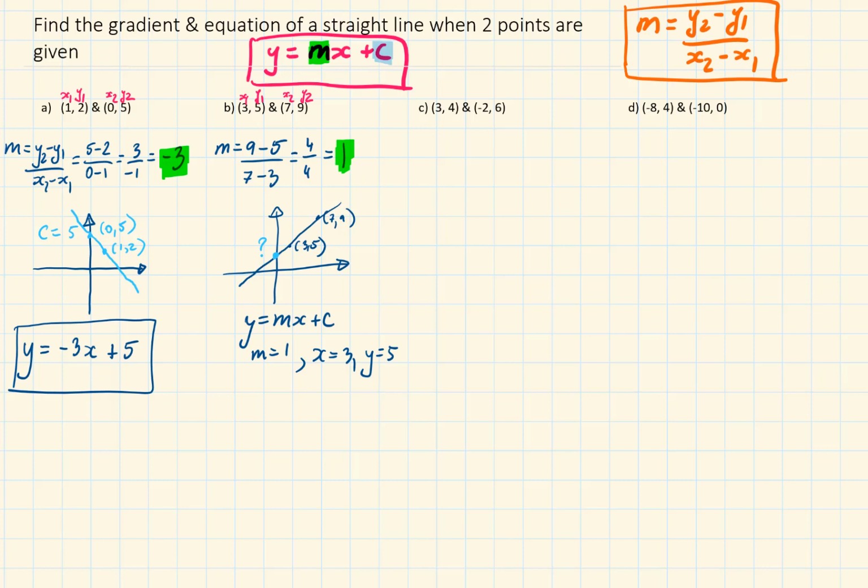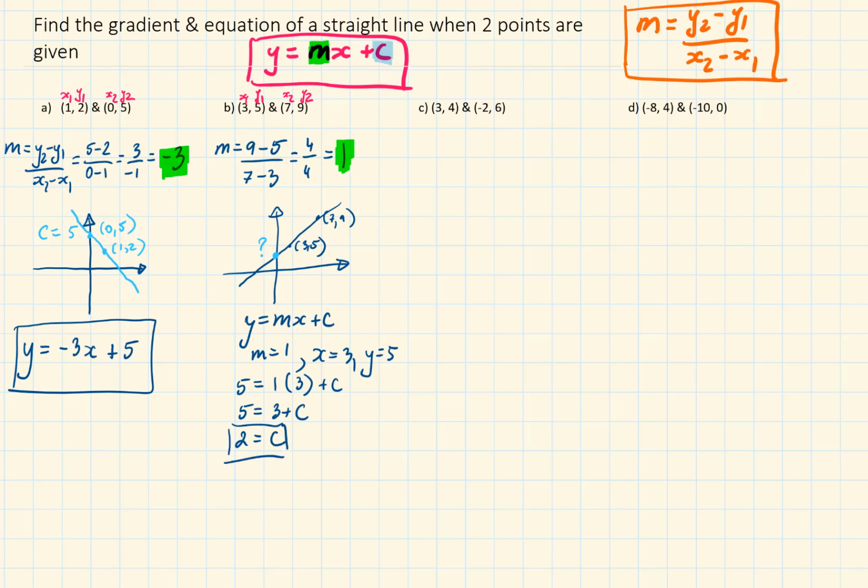But we can work out once we've got these values. So we have 5 equals 1 times 3 plus c, and we solve this equation. Then we have c is equal to 2.